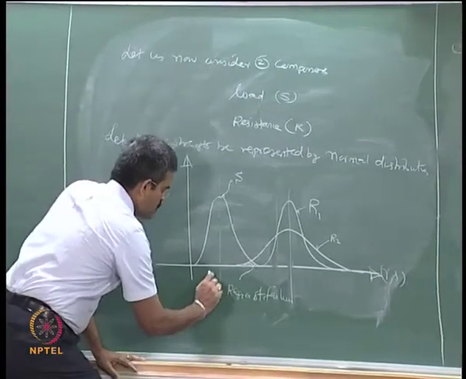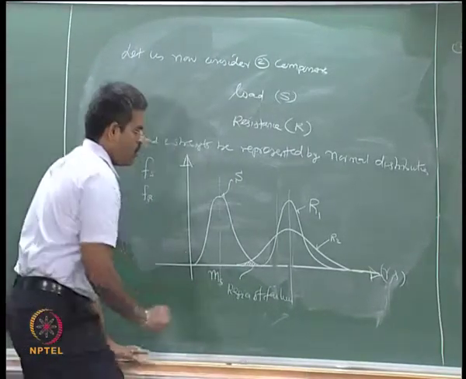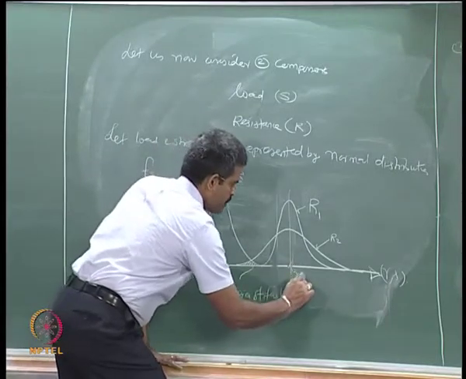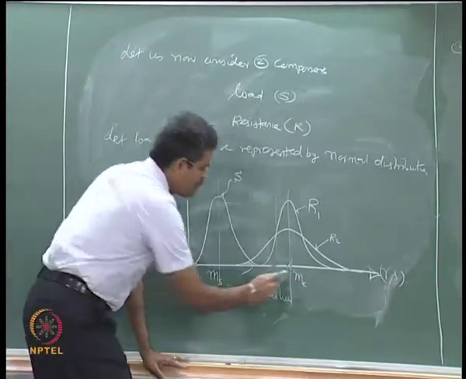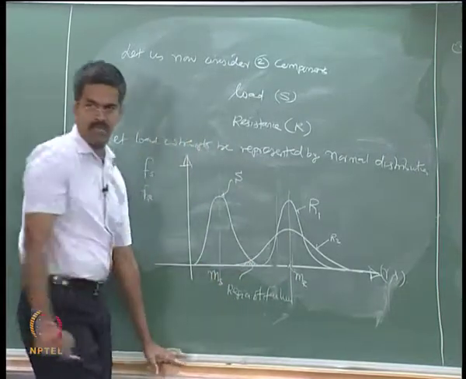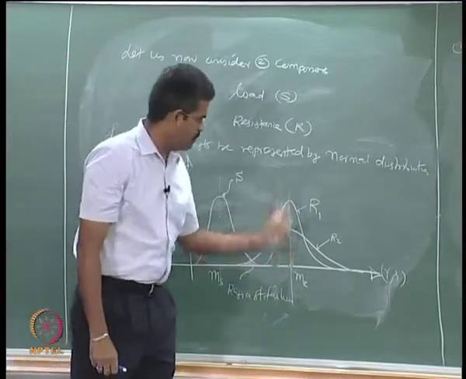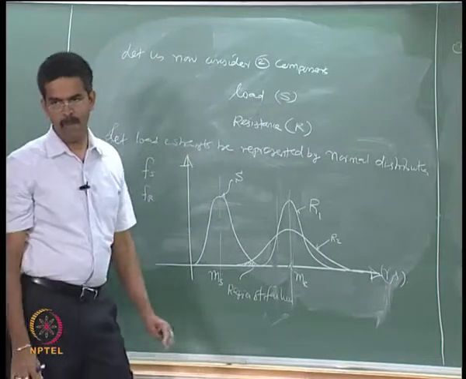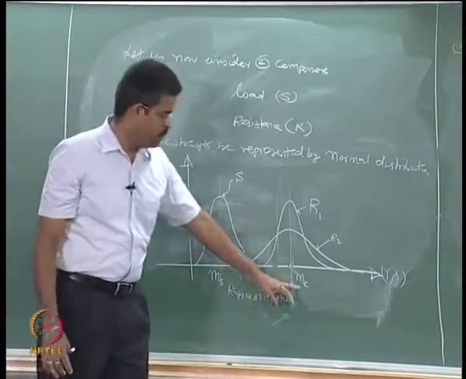So, I can call this mean value as mean of load and this mean value as mean of resistance. I am not changing the mean of both the resistance curves, remember that the mean remains same, okay. MR.